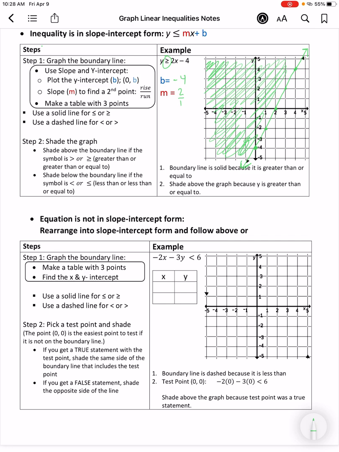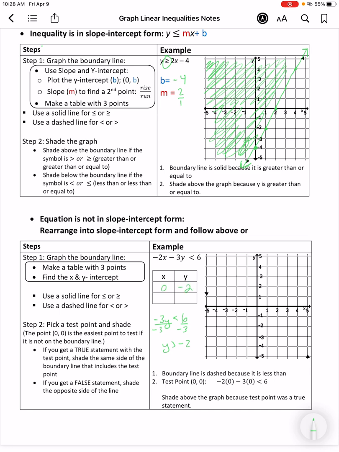So to find the y-intercept, I'm going to pretend like the x doesn't exist. So I'm going to say -3y is less than 6, and I'm going to solve. I'm going to divide by -3, divide by -3, and so then y becomes -2. Okay, so when x is 0, y is -2.